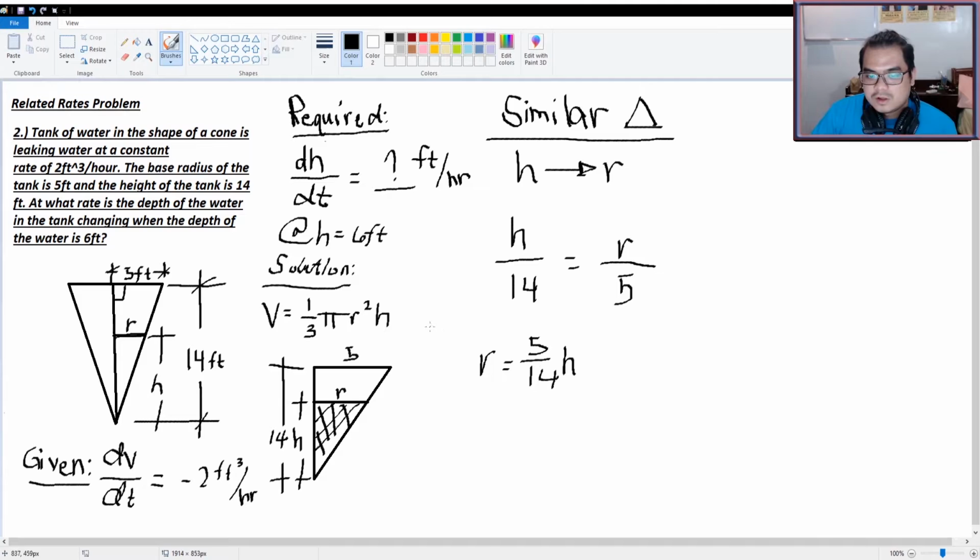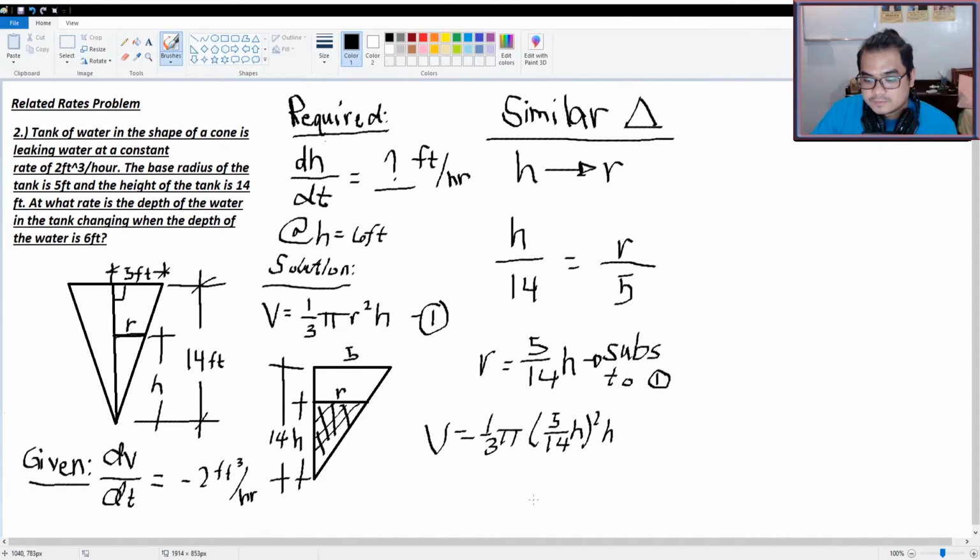So isolating r in this equation, r will be equal to 5 over 14 h. Let's say this is our equation 1, and we substitute it. So V will be equal to 1/3 pi r squared, that's 5 over 14 h, don't forget the squared, times h.